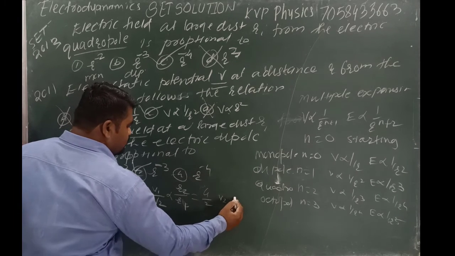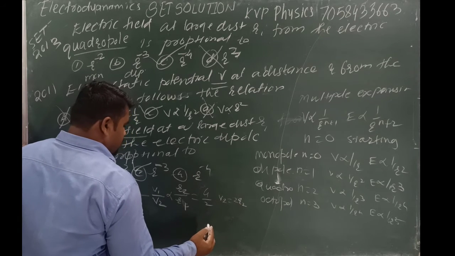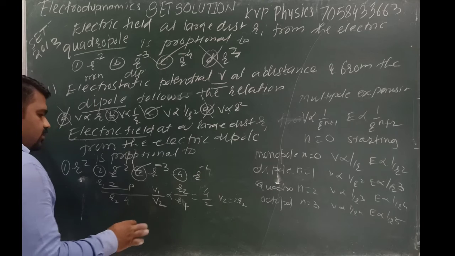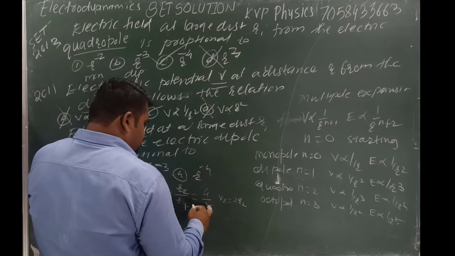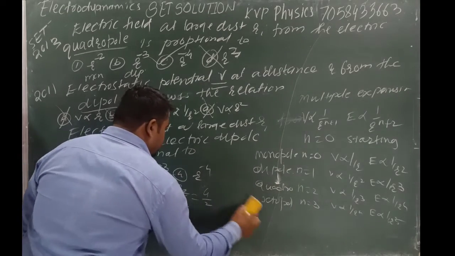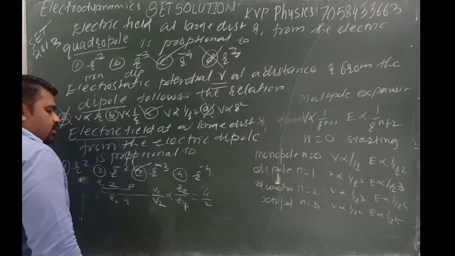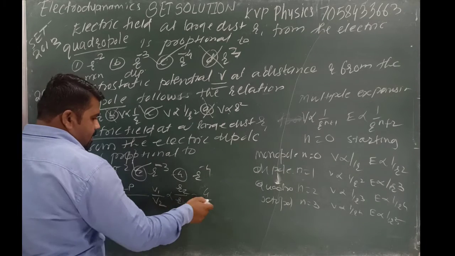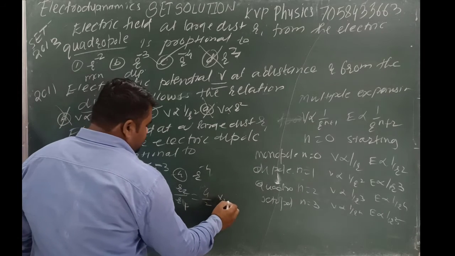Here potential V2 is equal to 2 times of R2, but they have given potential V2, so it cancels. They ask in potential form, not in radius. 4 by 2, this becomes 2. 2 by 4 means potential V2 is equal to how much?